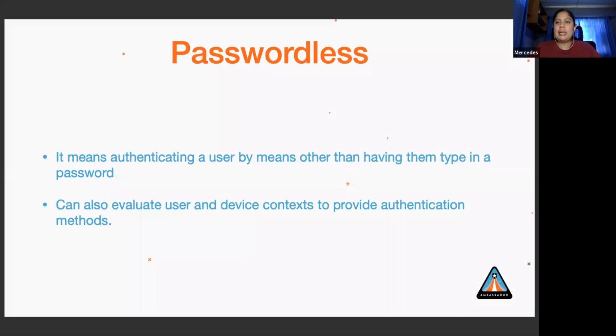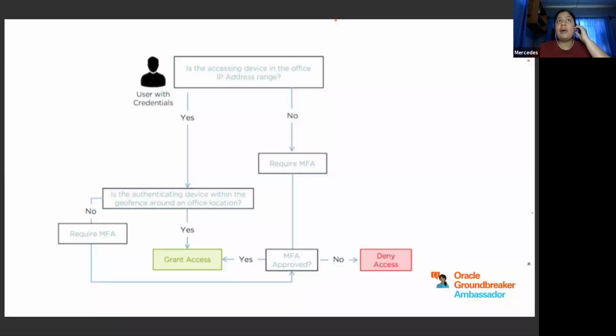So we also have passwordless authentication. Basically, passwordless means users log in to the application without using a password, so we replace it with other strategies. Here, they verify, for example, first the IP range.